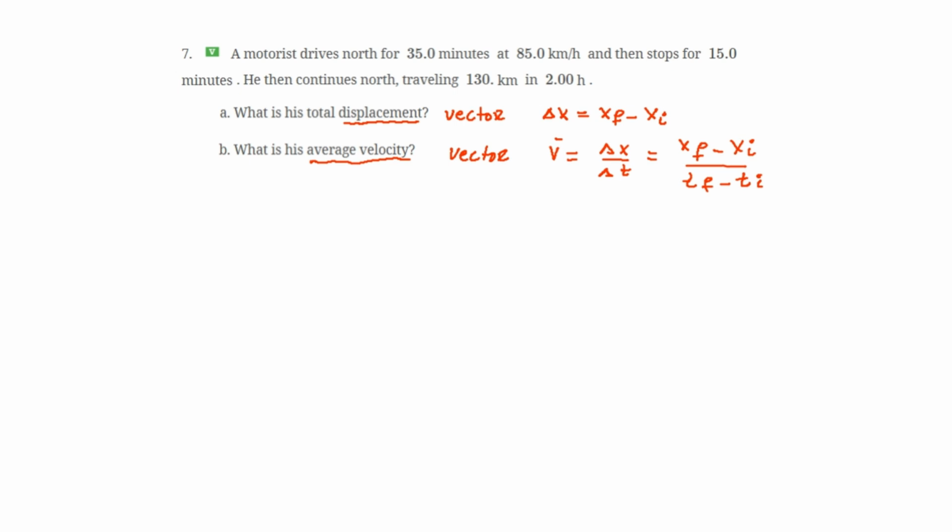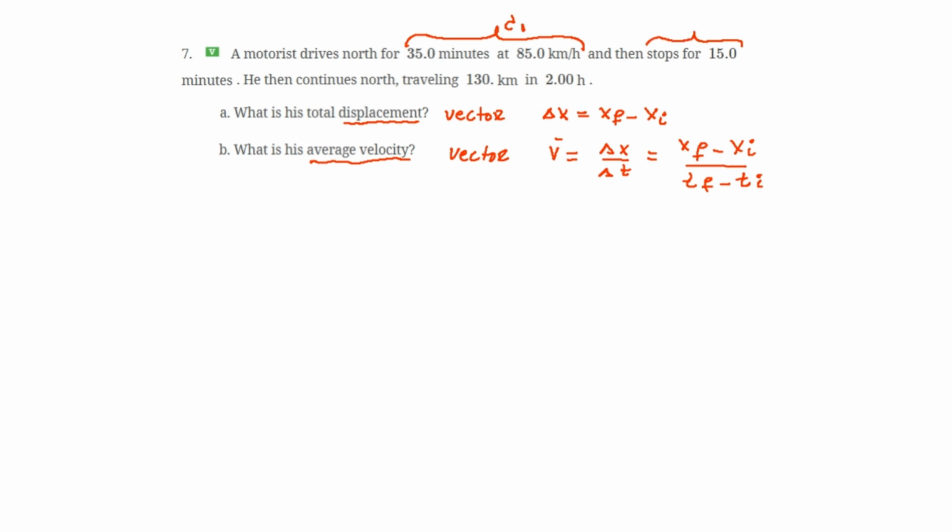So we have first this guy driving 85 kilometers per hour during 35 minutes. So during this time, he was able to travel a distance of d1, right? So he travels a distance d sub 1 during these 35 minutes at 85 kilometers per hour. Then he stopped for 15 minutes.